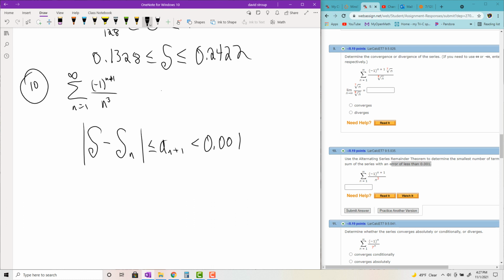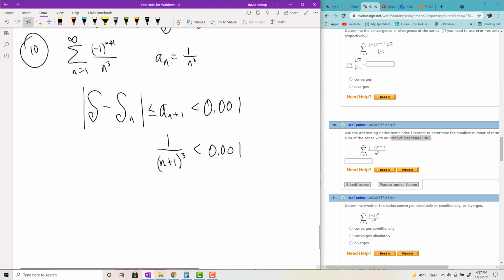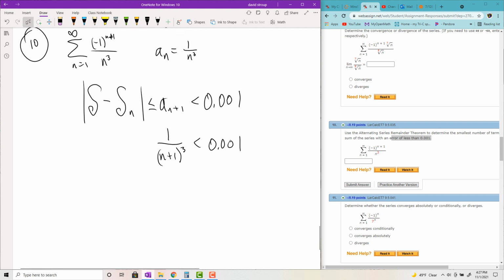Okay, so what the heck is a sub n plus 1? Well, a sub n is going to be 1 over n cubed. Again, you don't include the negative 1 portion, right? So I'll have 1 all over n plus 1 cubed less than 0.001, and then you could literally solve that inequality. You could also do trial and error, so start with n equals 1, and then n equals 2, and then n equals 3.